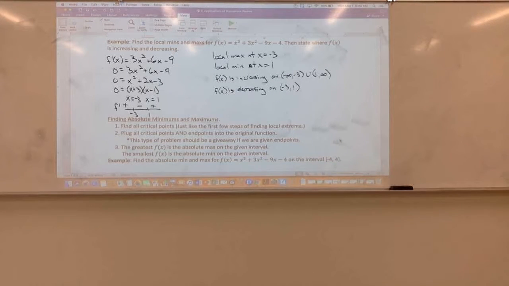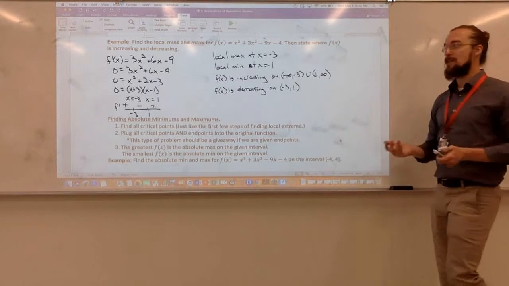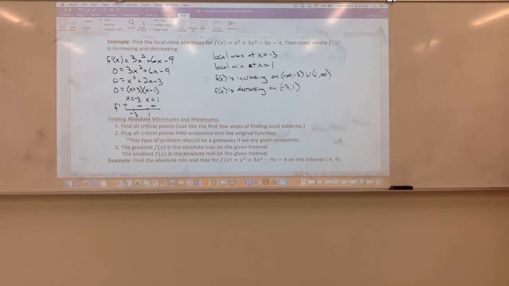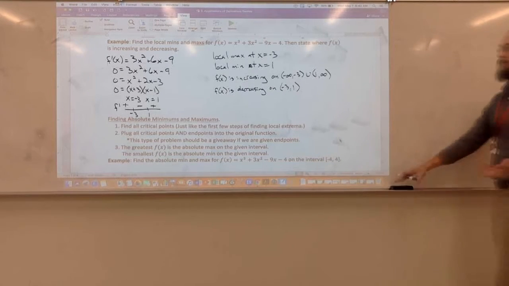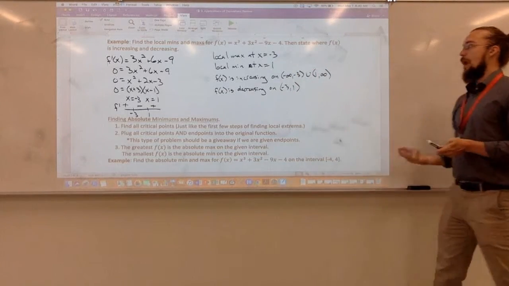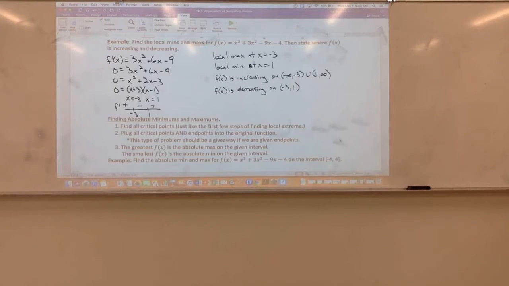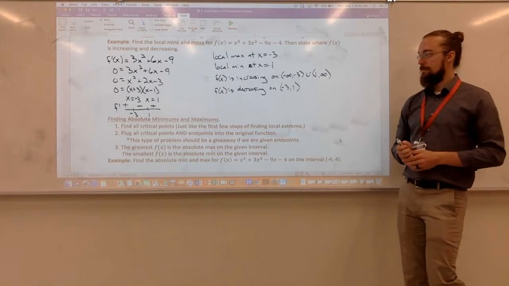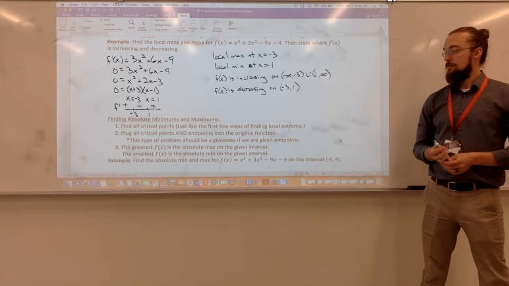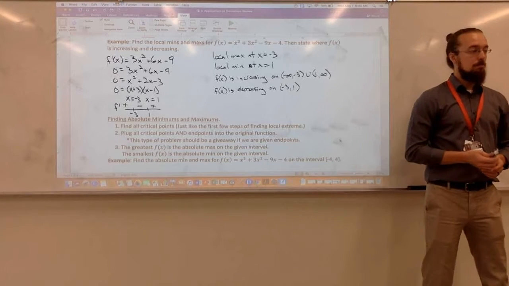Now, a lot of times, if these types of questions show up on the free response, they ask you to justify your answer. And so we would need to explain each of these with a sentence or a half sentence. So, for example, for the first one, how do I know that I have a local max at x equals negative 3? How would I put that into words? The slope of f of x is increasing until negative 3 and then is decreasing after negative 3.